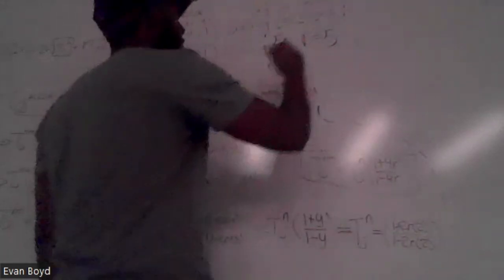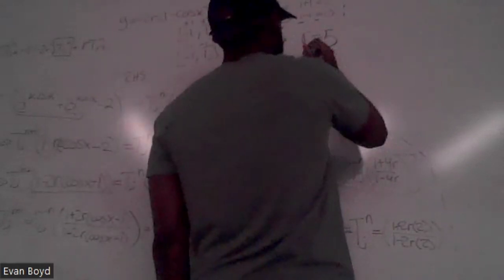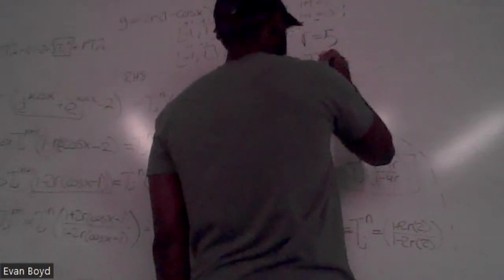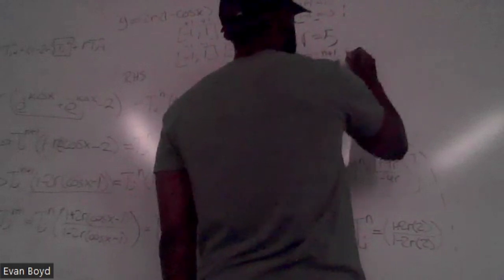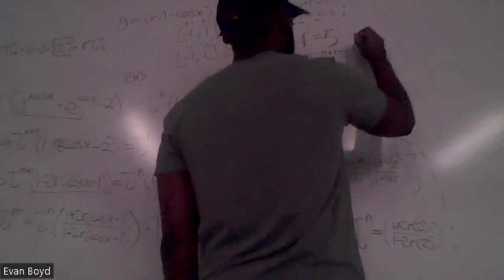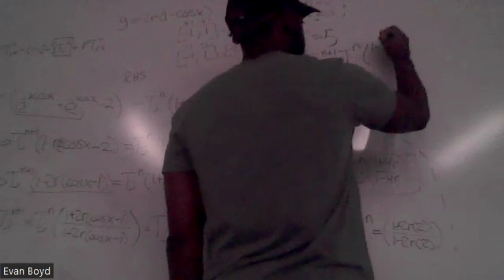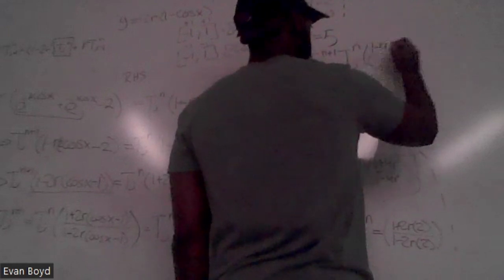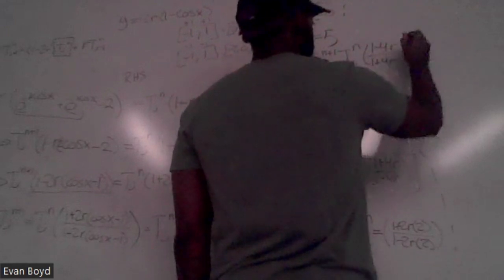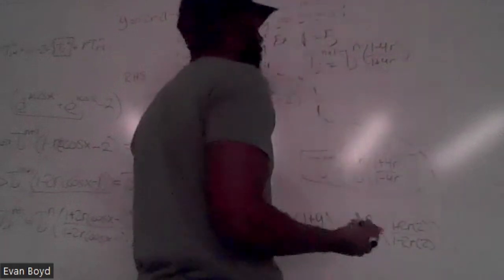So we're using the expression of temperature n plus 1 with respect to J is equal to T at J n of (1 minus 4r) over (1 plus 4r). Okay. So we plug in 5.